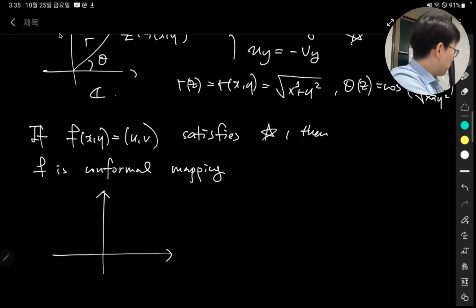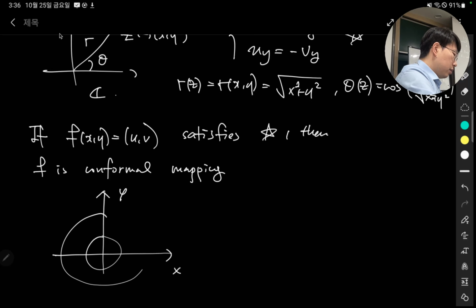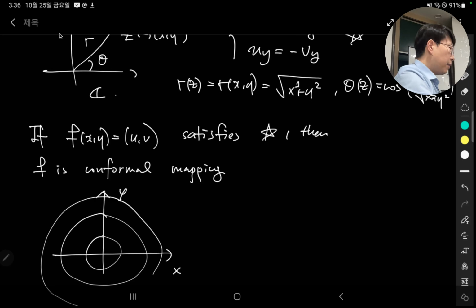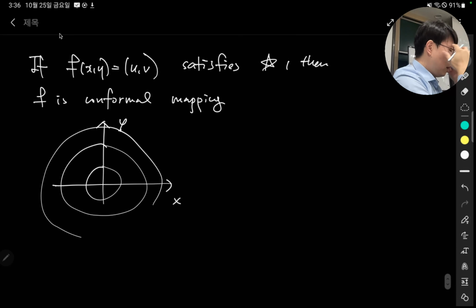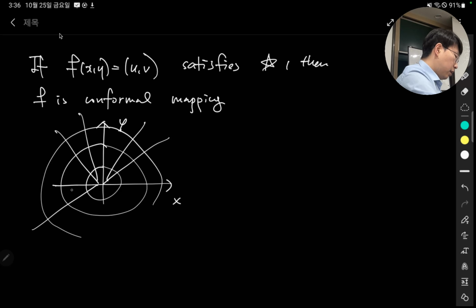So since it's conformal, think about r and theta. Think about the plane xy, and think about the lines given by constant r and constant theta. Constant r means it's a circle, right? All the points that have constant r form a circle centered at the origin. And constant theta is a radial line from the origin.